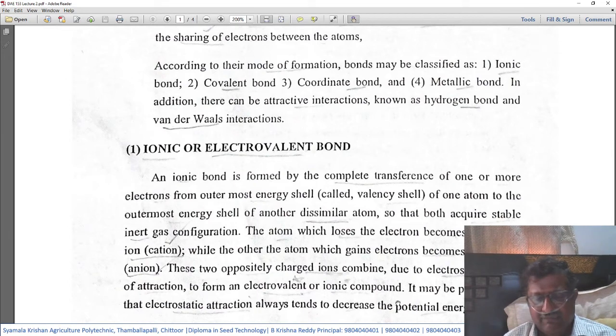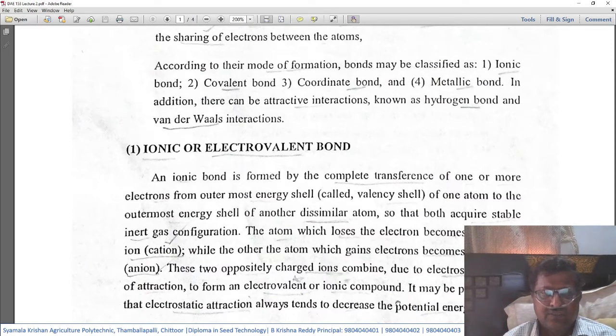In this process of forming ionic bond, one or more than one electrons from the atom of an element get transferred to the valence orbit of another atom belonging to a different element. Likewise, this type of bond is called ionic or electrovalent bond.